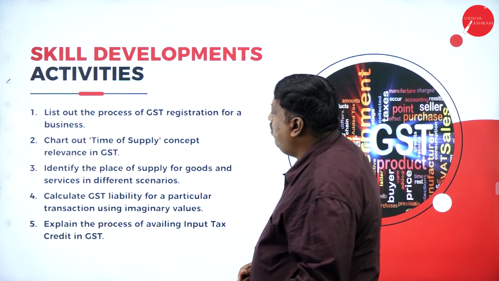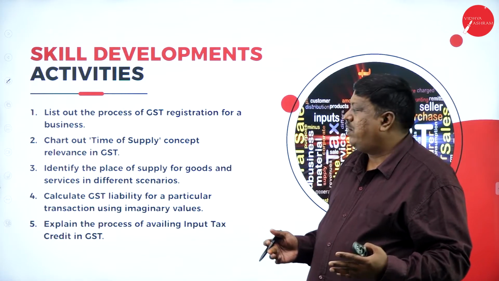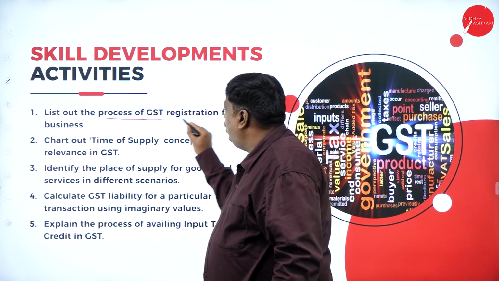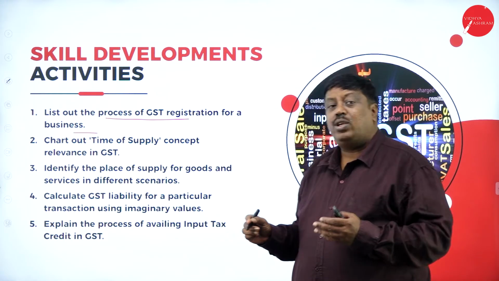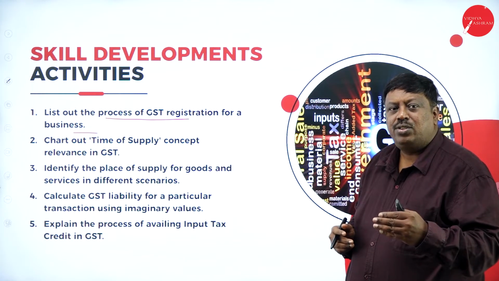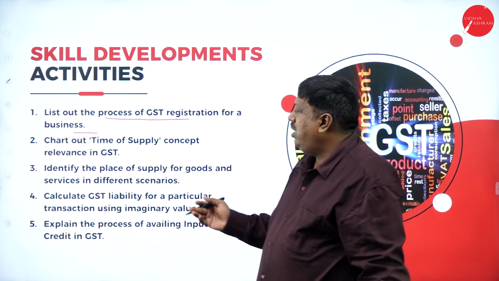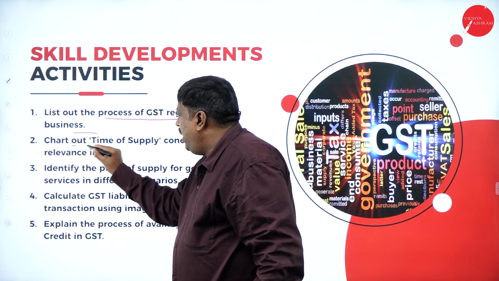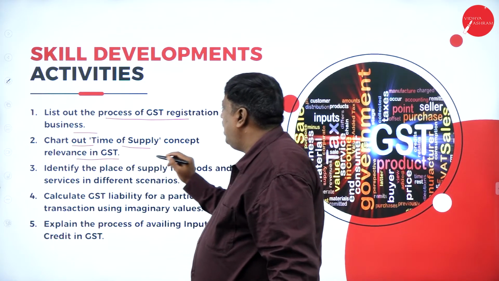And in the skill development concept, we'll do some activities. Let us collect the process of GST registration for a business. We will list the steps for the registration process, and we're going to record this information in the practical book. At the same time, we will prepare a chart for the time of supply with its relevance in GST.